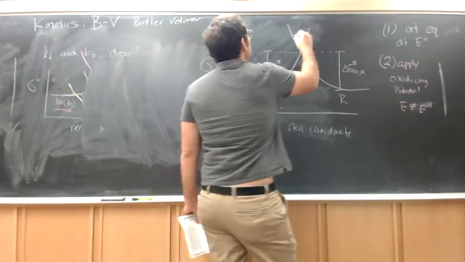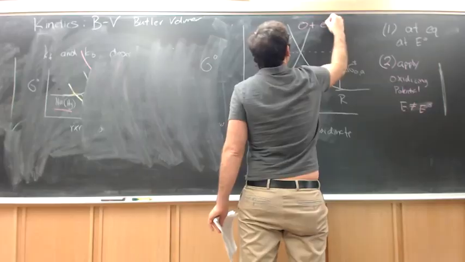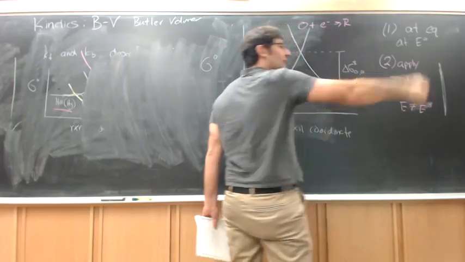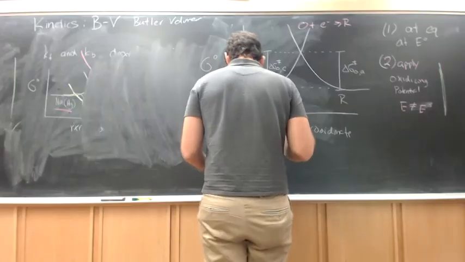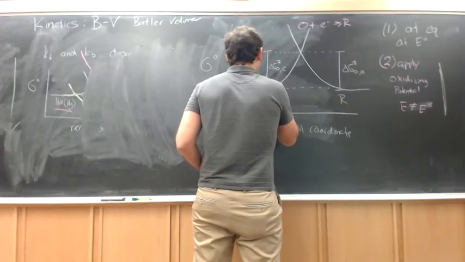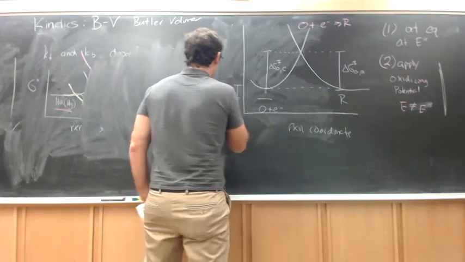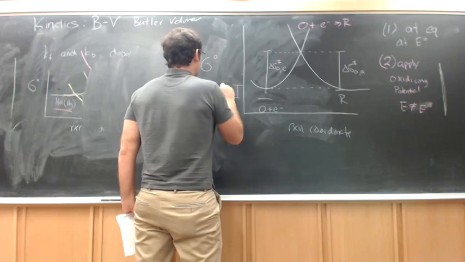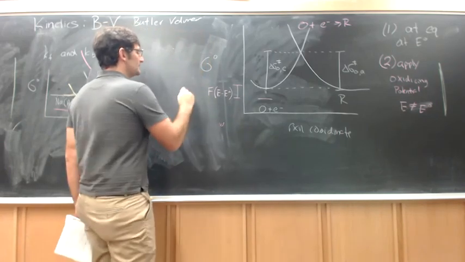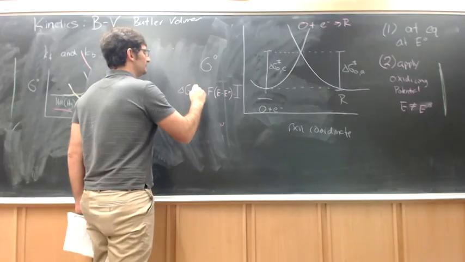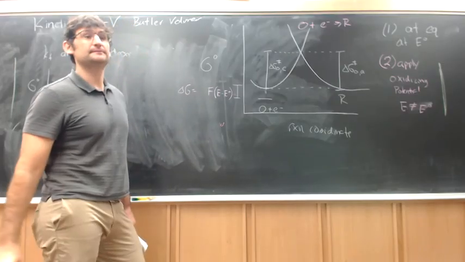And we're going to assume this is O plus 1 electron going to R. So this is a theory for 1 electron transfer. So we're going to lower it, and the amount we're going to lower it is just this distance here, which is F(E minus E naught). Because n equals 1, right?